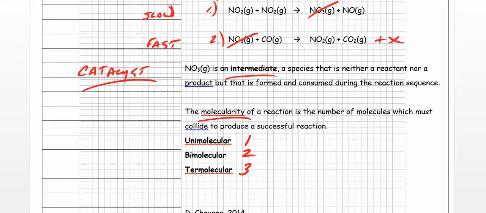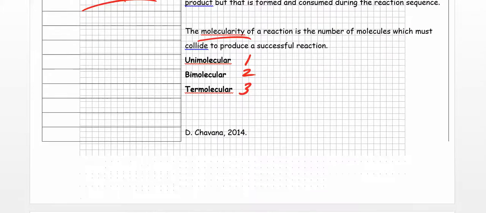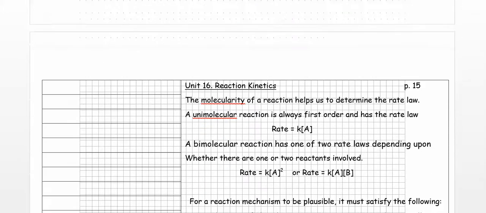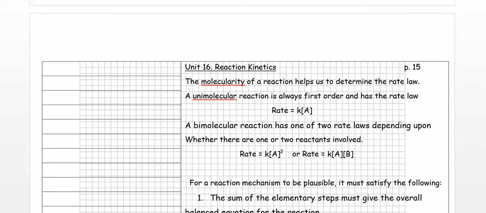For example, if we have a unimolecular reaction, then we know the rate law for that step is going to be rate is equal to k times A to the first power.